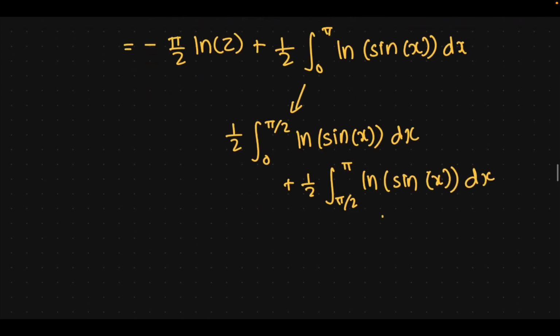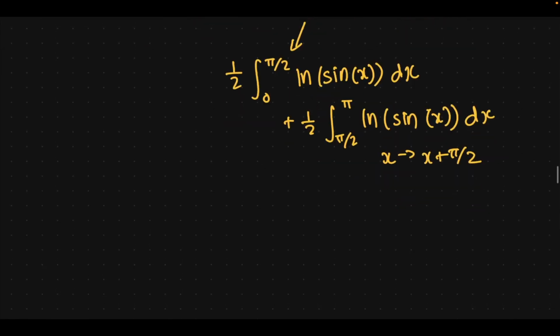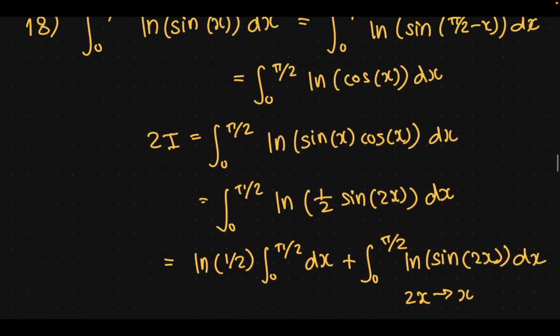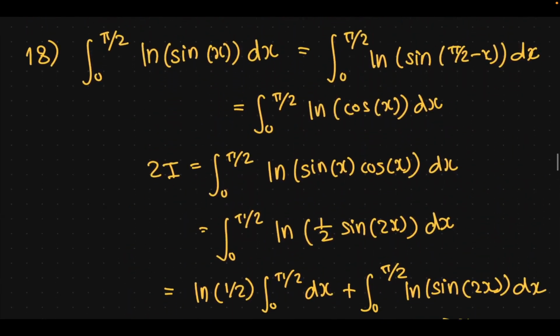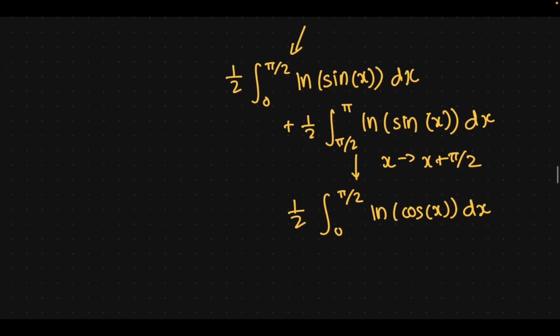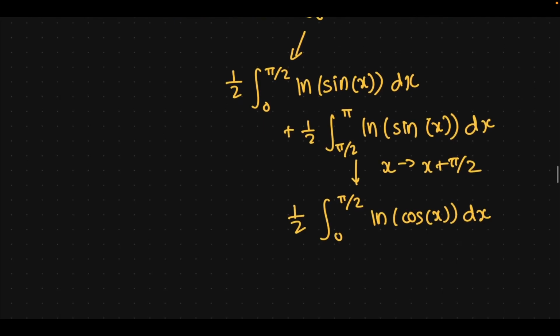And in this second integral, we can again introduce x goes to x plus pi over 2, so that we get 1/2 integral 0 to pi over 2 of ln cosine of x dx, which, if you remember, is again our original I, because using King's property it was ln cosine x from 0 to pi over 2, which is exactly what we have here. So this is already 1/2 I, and then the cosine part of it is another 1/2 I.